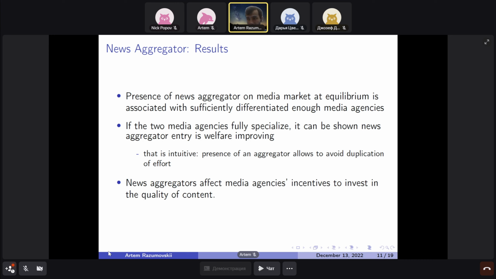And one of the last conclusions here is that the news aggregator affects the agency's choice about the quality of the content, how they pick the quality topics. Questions here about the news aggregator model?